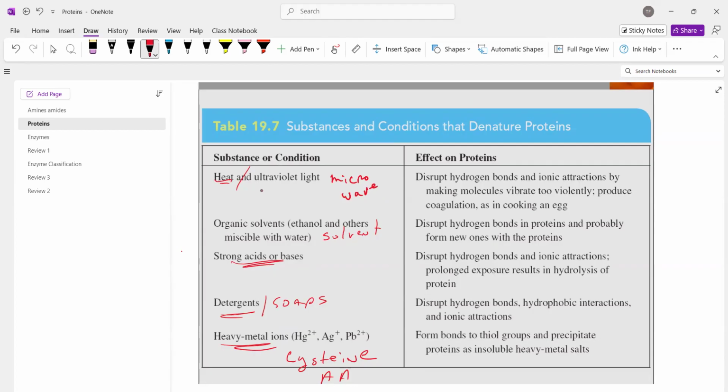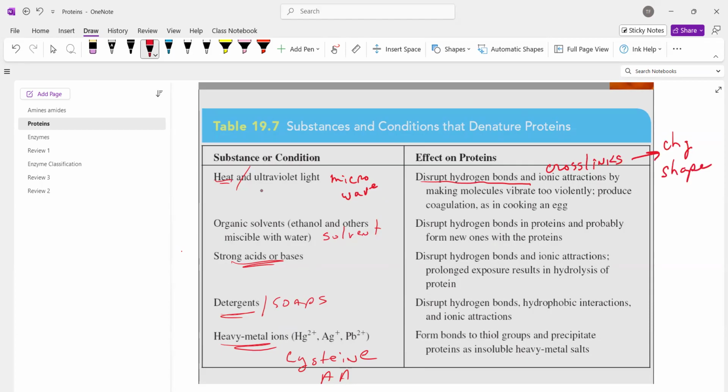All these put energy into the protein and it disrupts cross-links. That means they change shape on every one of these.